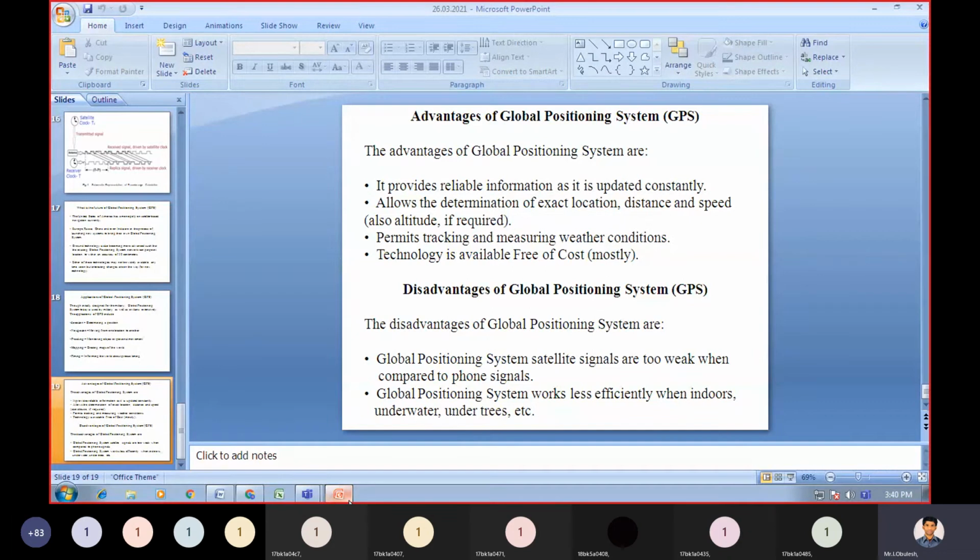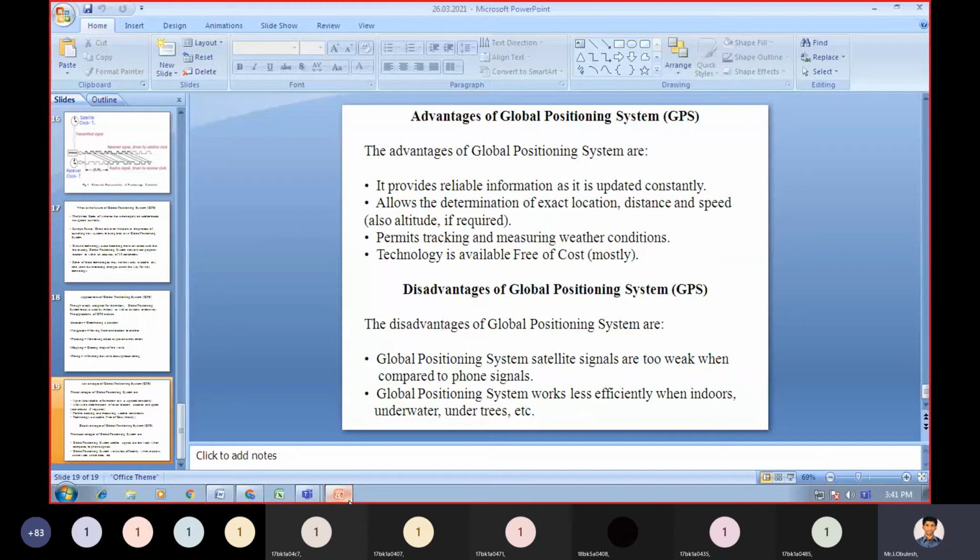Those are: it provides reliable information as it is updated constantly. It means that regularly, the information we are receiving from the global positioning system through satellites, or through transmitters, receivers and antennas, will be updated constantly.